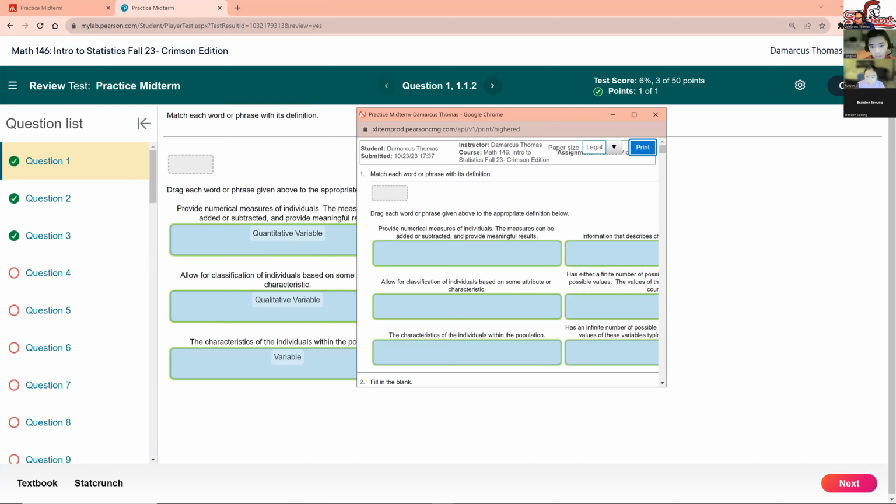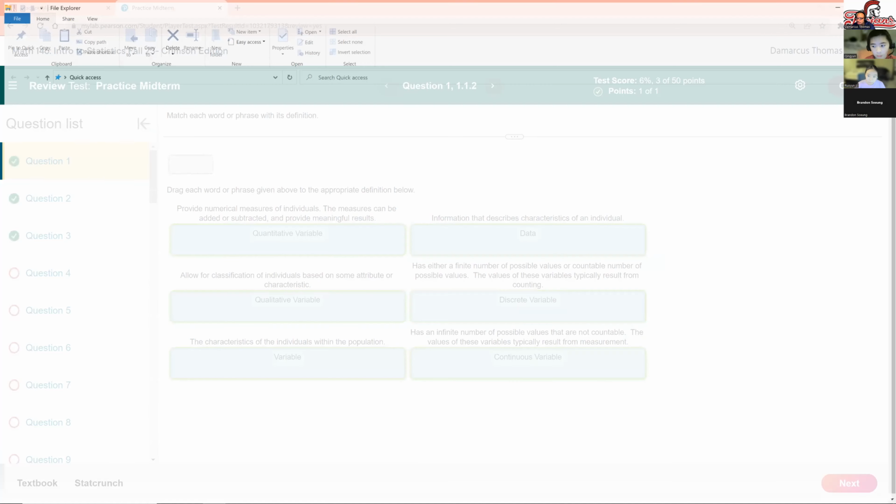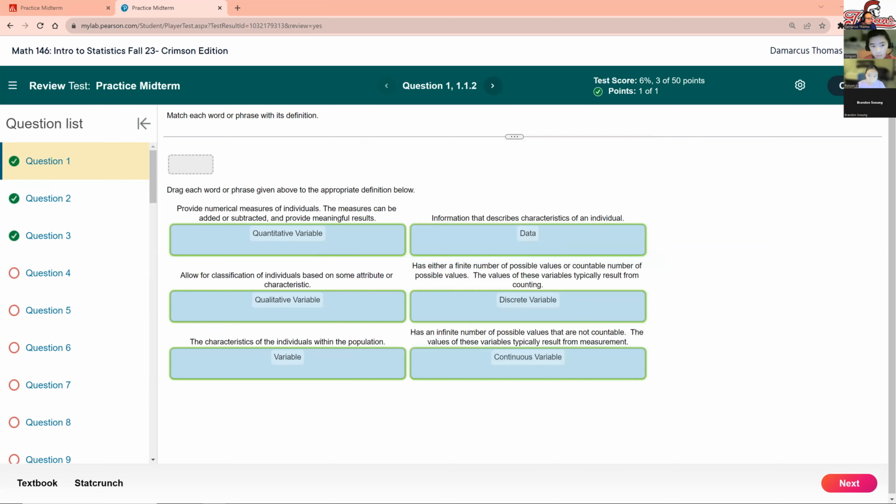So now that I printed it, all I got to do now is just find it. Sometimes I print to OneNote. All right.